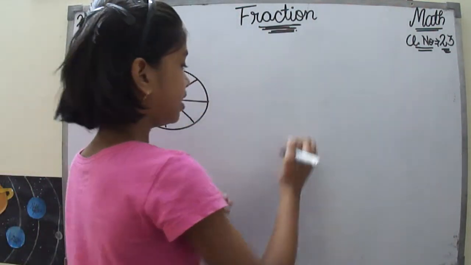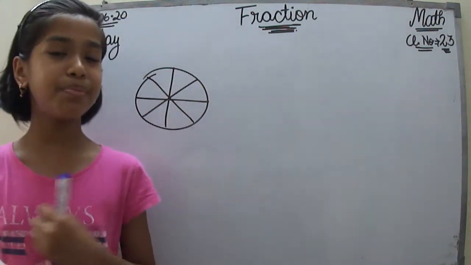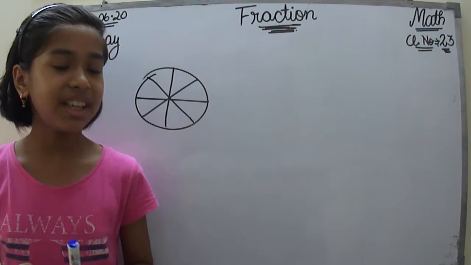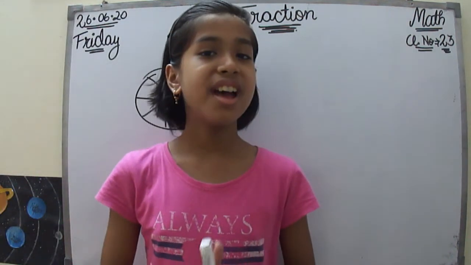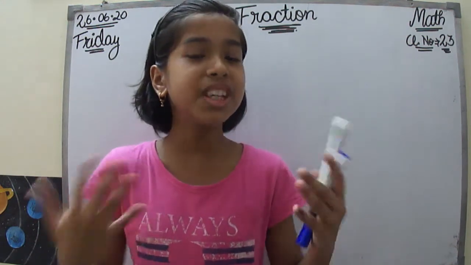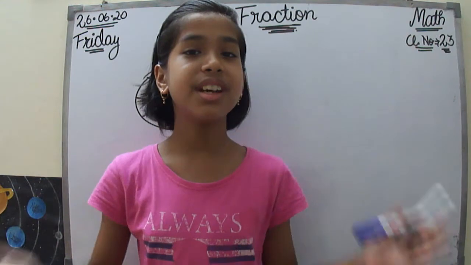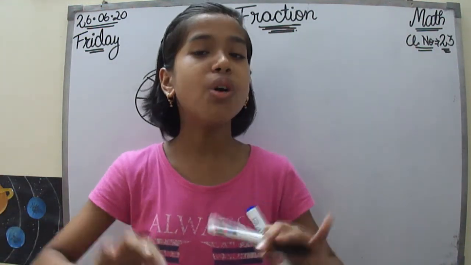Simply, there are 4 people, and now you have to divide the pizza equally among all of them. So how are you going to divide that? So here is the importance of fraction. You need the fraction to divide the pizza among all the people.